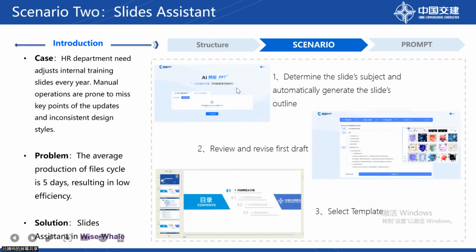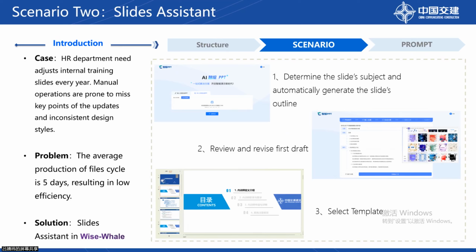So scenario 2 is the slides assistant. When the company needs to disseminate the internal trainer management, which includes the criteria for trainers, the incentive policies for employees, and some courses, the HR department needs to adjust internal training slides according to different regions and positions every year.